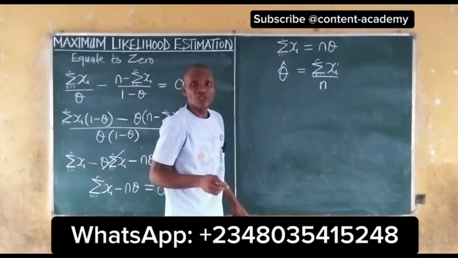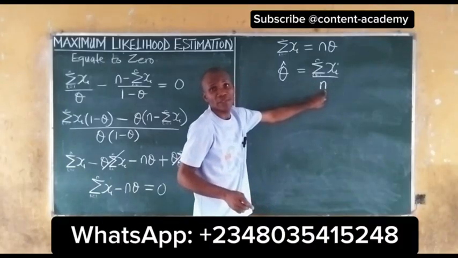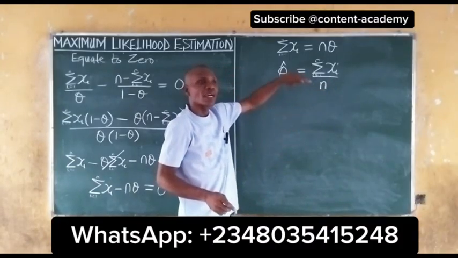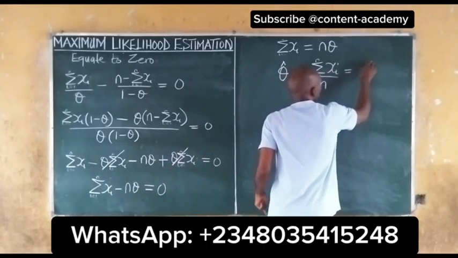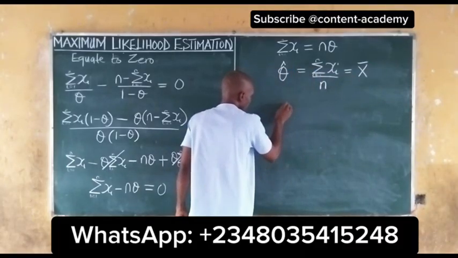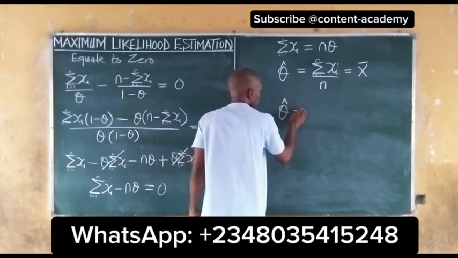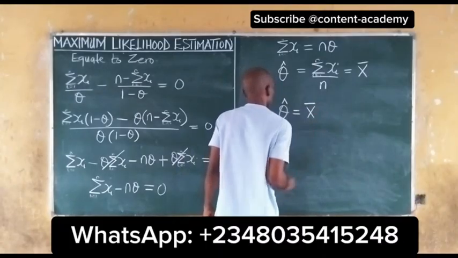Of course, we know that summation of xi all over n is equal to our expected value, which is equal to x bar. Then we can now write our theta estimate to be equal to x bar.